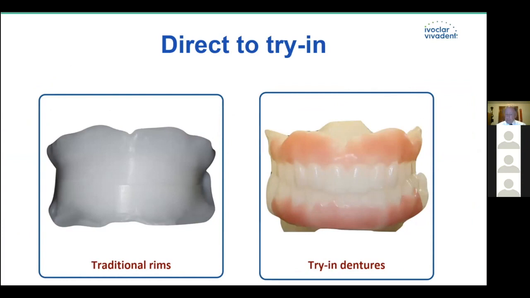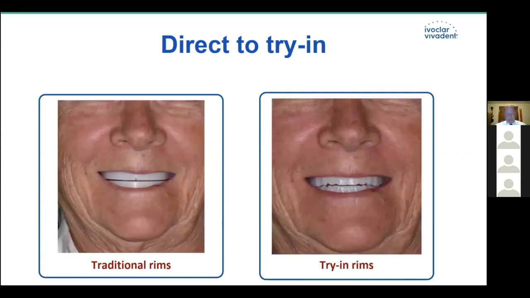And the reason why I'm kind of excited about this is because I think any of us is going to be able to make better judgment on the evaluation of these because they're shaped like teeth. I could see better. The patient could look at them better. Patients could function, talk with them better as you're testing phonetics and things. So the rim stage is gone.